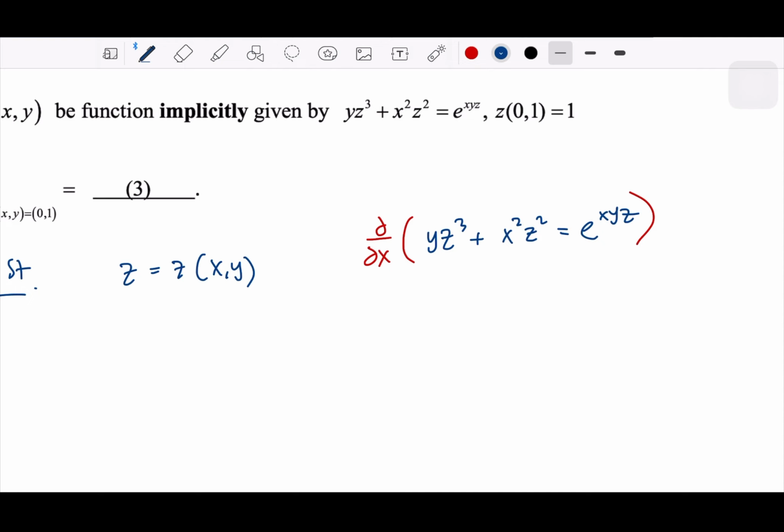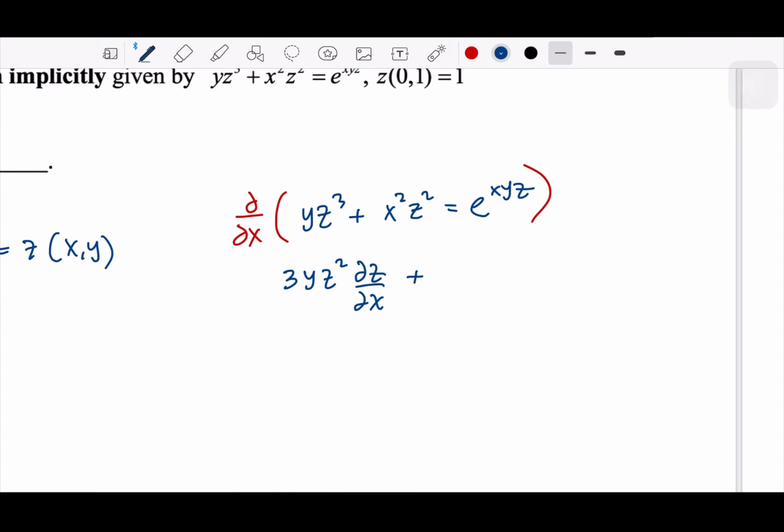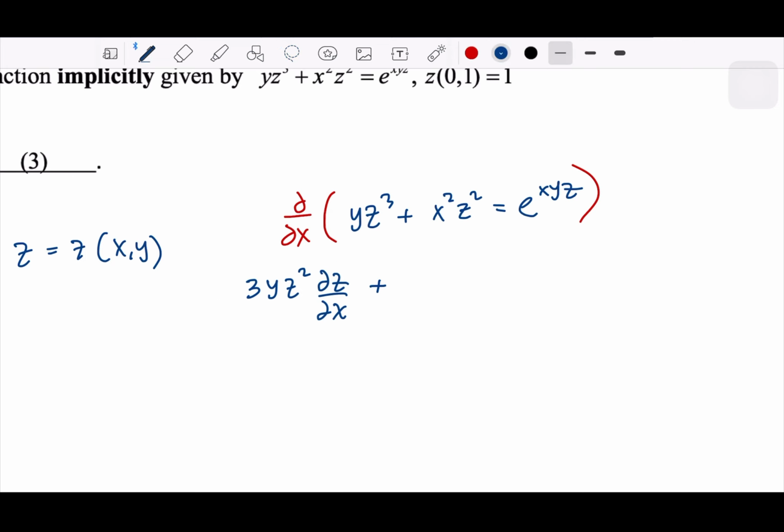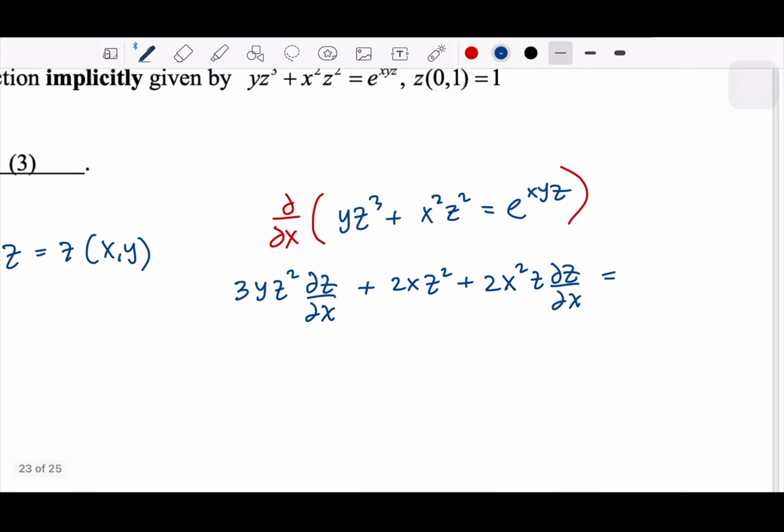So we will have 3yz squared times dz/dx, plus we have a product rule now. First is 2xz squared plus 2x squared z times dz/dx, and then equal.